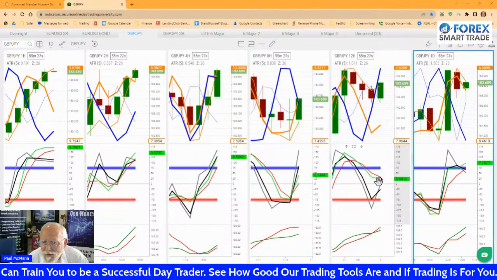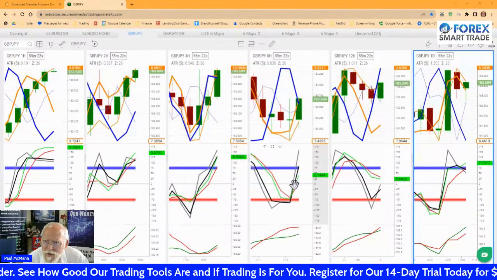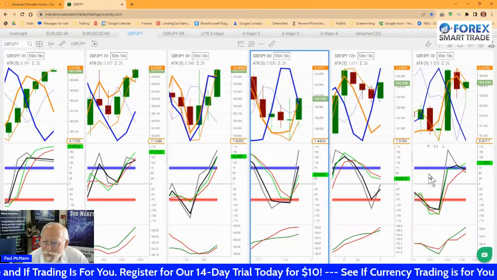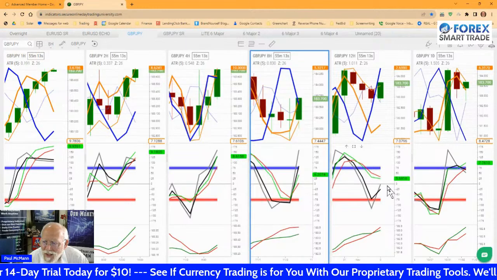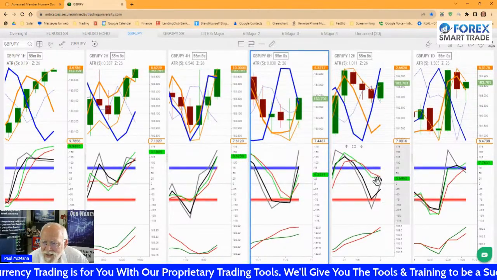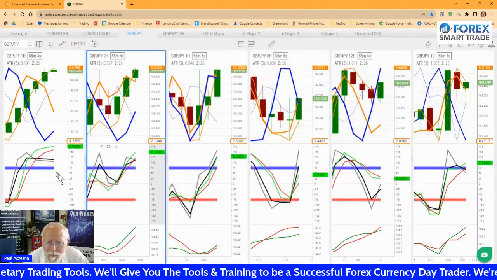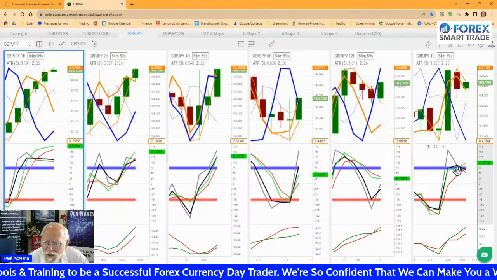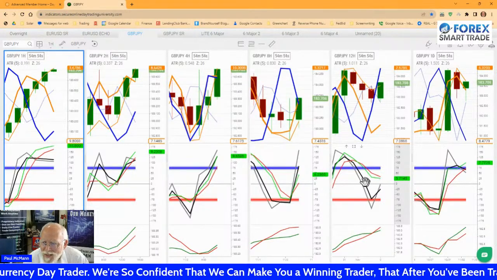Not a steep down, but we still got a down. 8-hour, we've got a buy. So we don't have agreement across these three. This is a little bit like what we saw yesterday. It's almost flat, but in this case, it is more down than yesterday's was, because we've got an up here, we've got an up here, we've got an up all the way across the board. Is it worth taking a pending trade here?